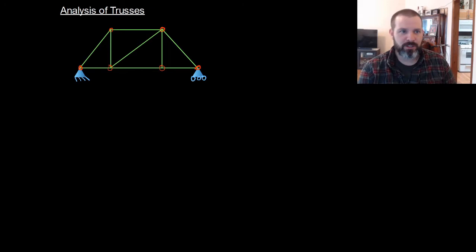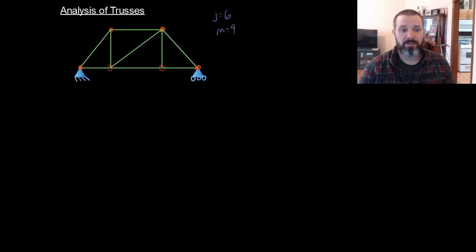Let's first check this truss for determinacy to see if we can solve it. In terms of joints, we have 1, 2, 3, 4, 5, 6 joints. So j equals 6. We have 1, 2, 3, 4, 5, 6, 7, 8, 9 members.